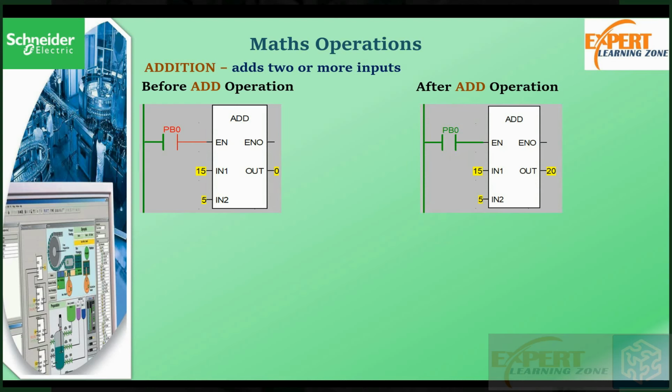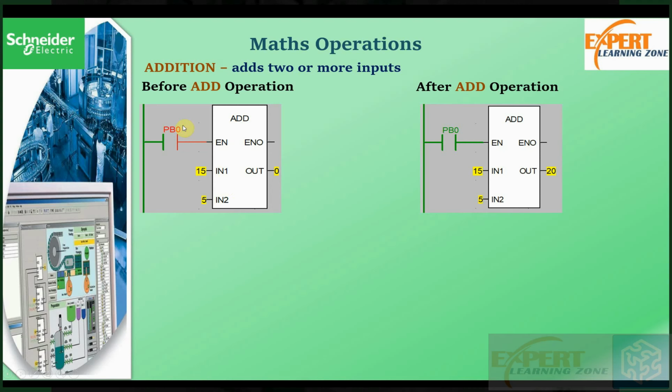The addition operation adds 2 or more input data. So this is the addition block. It's going to add the first operand to the second operand. Before addition, that is when this enable switch is not yet closed, it's not yet true, we have at our input terminal 15 and 5.